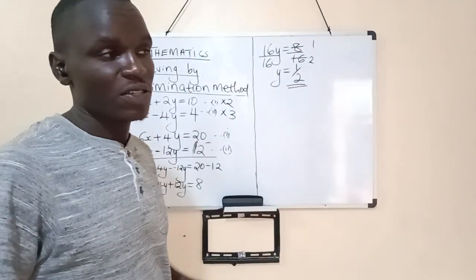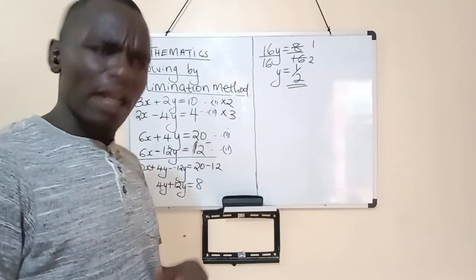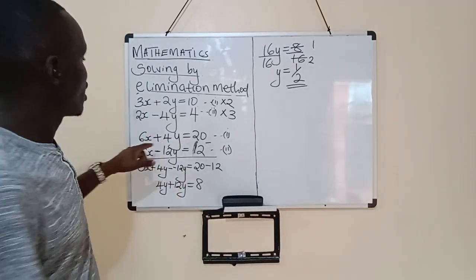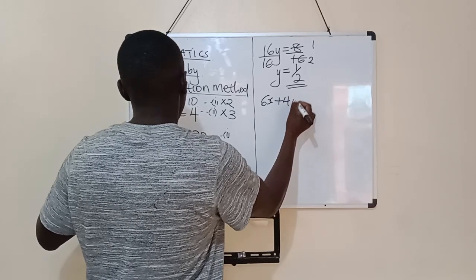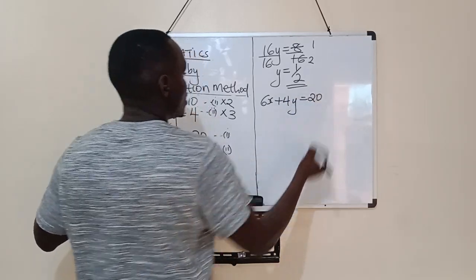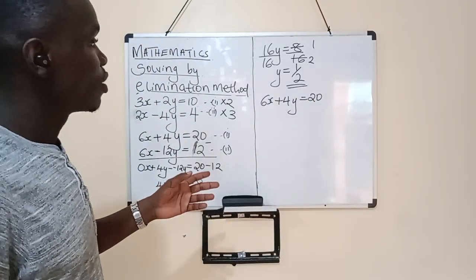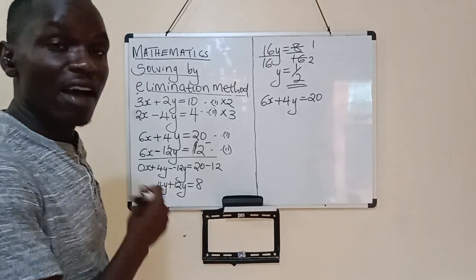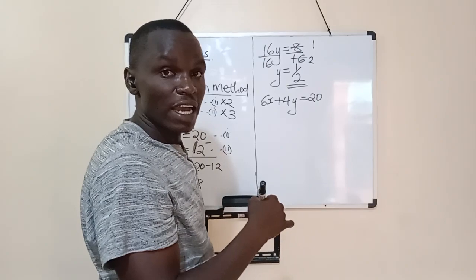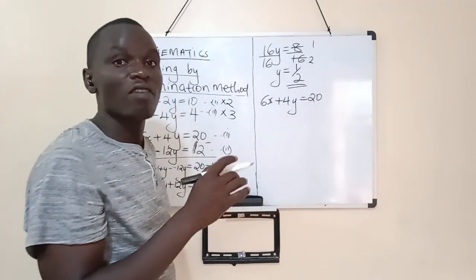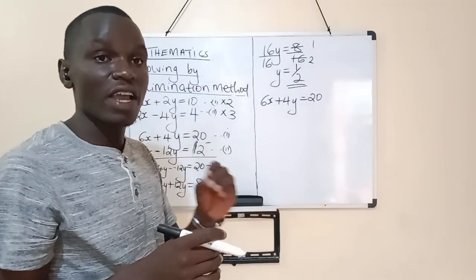I am going to choose 6x plus 4y equals 20. Now we are going to replace the value of y so that we can obtain the value of x.